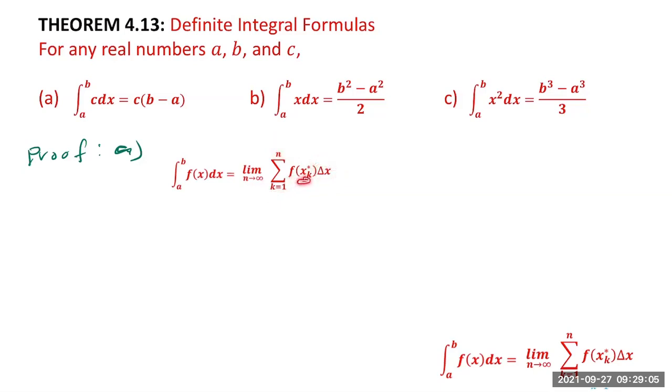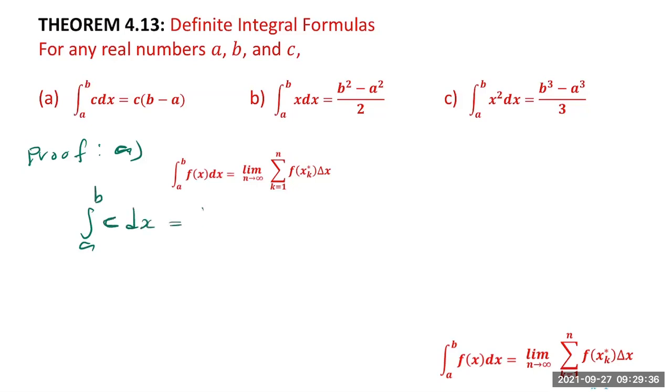Remember, this xk star is a number between xk minus 1 and xk. So let's see if we can prove that the definite integral of c from a to b is equal to c times b minus a. So let's apply this formula.